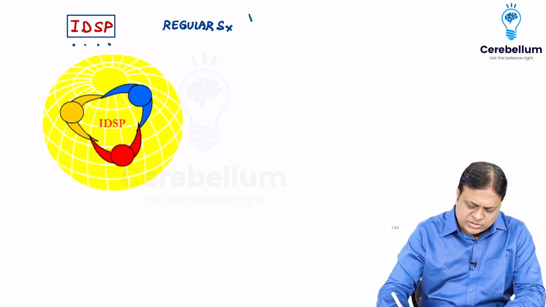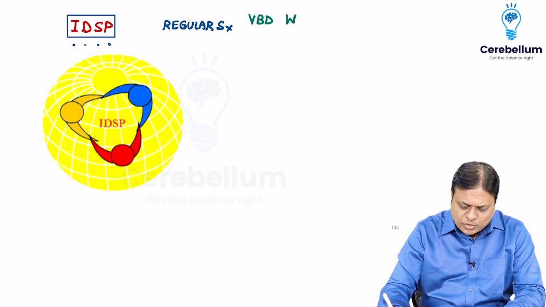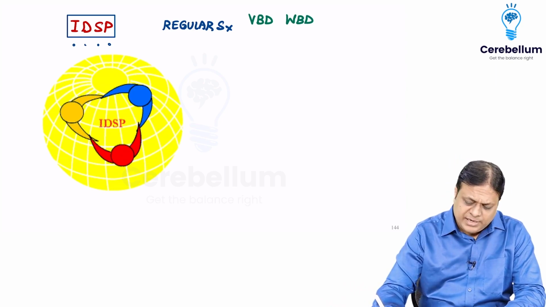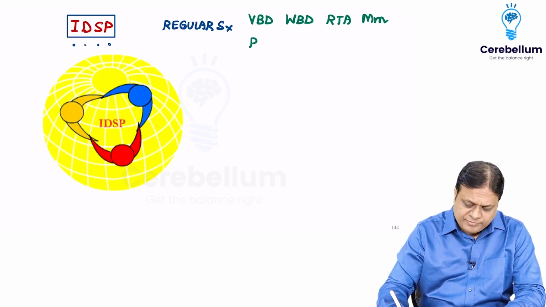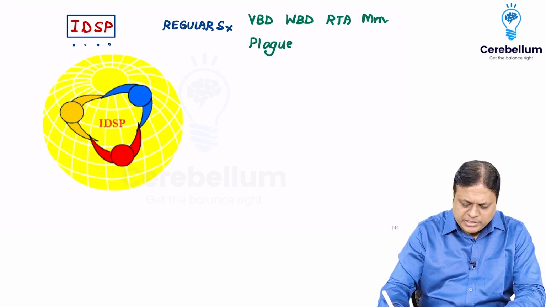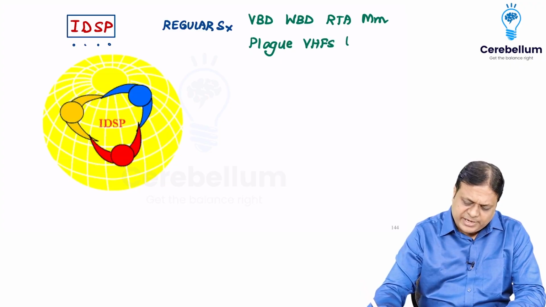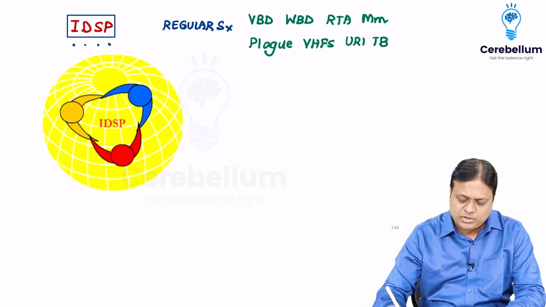So this includes vector-borne diseases, malaria, dengue, water-borne diseases, typhoid, cholera. It includes road traffic accident, meningococcal meningitis. It includes plague, viral hemorrhagic fevers, and also respiratory diseases like upper respiratory tract infection, tuberculosis.